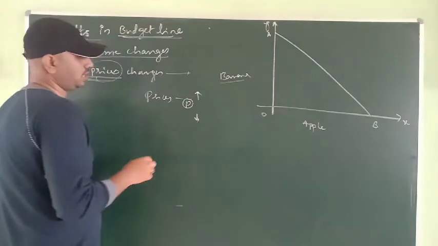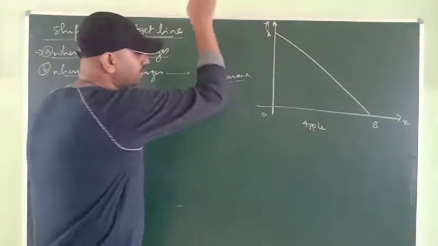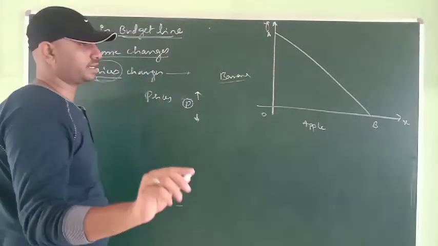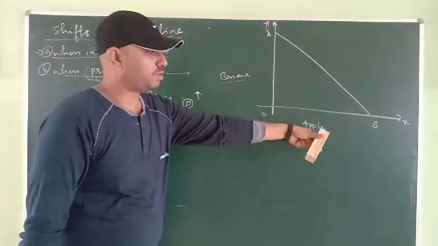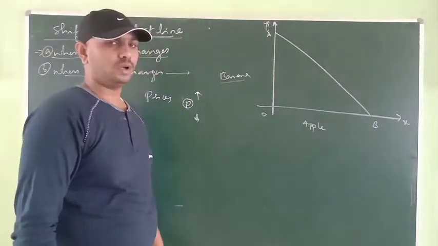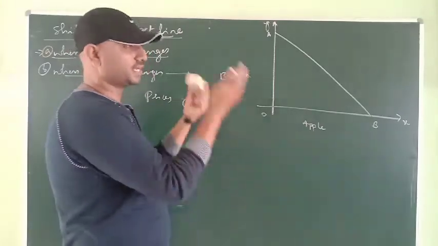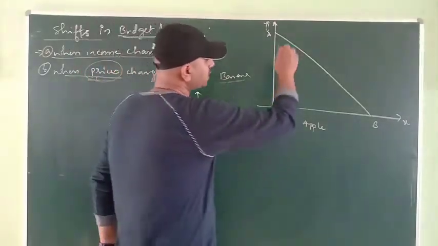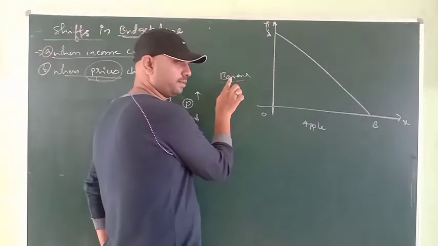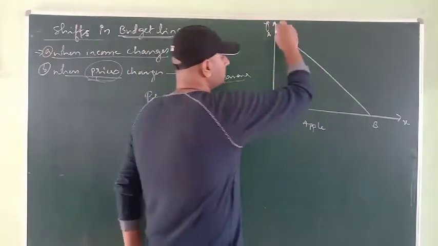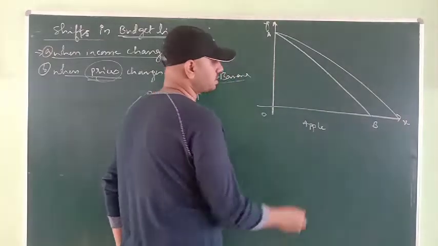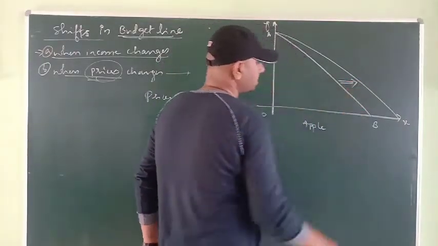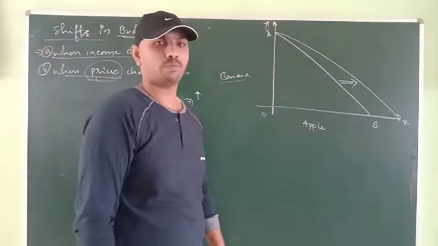What if the price of banana increases? Then the consumer doesn't want to buy banana, he may buy more of apple. When the price of banana increases, he may maintain the same quantity of apple, but he may prefer more of apple. In such a case, the budget line will take an upward right shift.